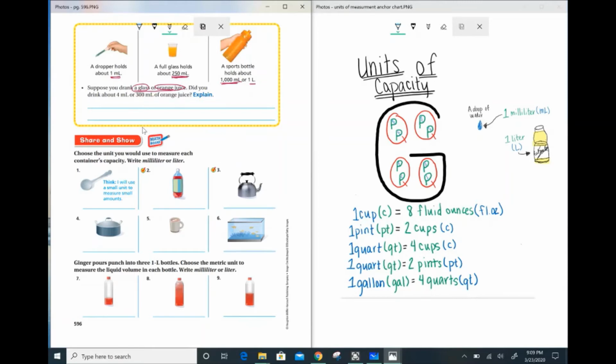So I'm going to go ahead and put, I drank a glass of orange juice that contains about 300 milliliters.